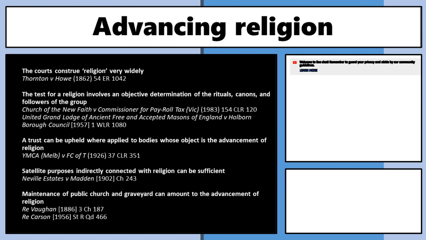Now, the Payroll Tax case, it's possible you guys have been exposed to this in your first year. It's from the early 80s, and it involves the Scientologists. So the Scientologists were assessed for payroll tax in Victoria, and they wanted to argue that they were a religion, therefore exempt. And the Commissioner of Payroll Tax said, don't be ridiculous.